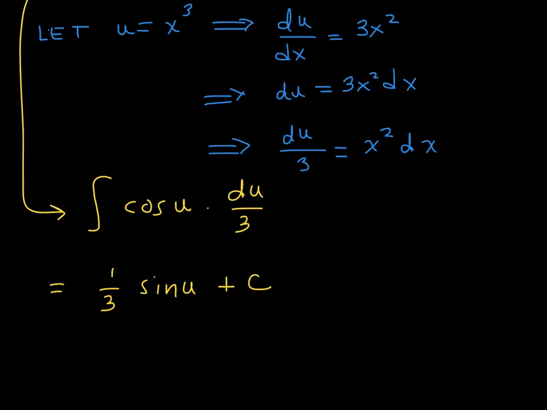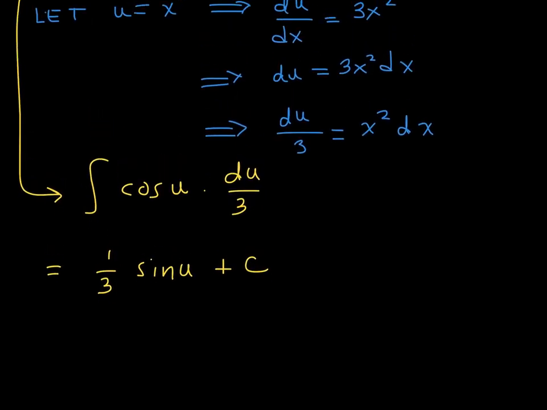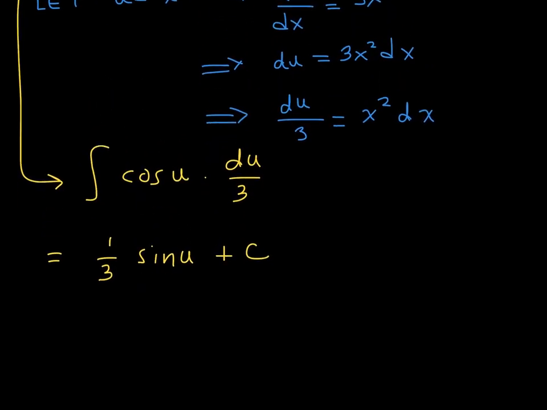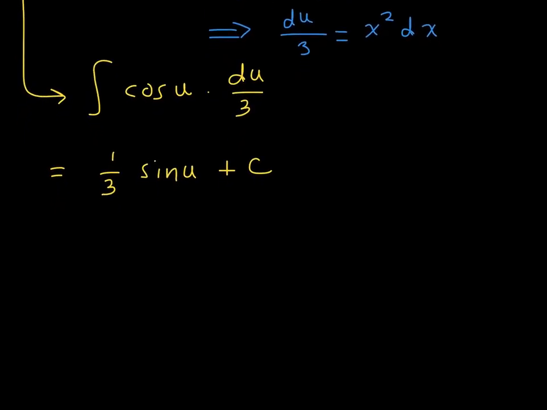And after back substituting, remember that u is equal to x cubed. So then this is 1/3 sine of x cubed and then plus c. Isn't that great?